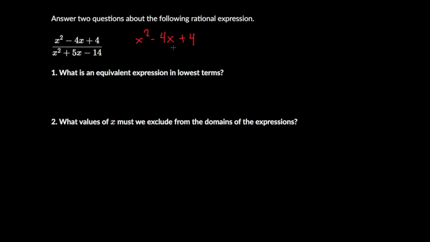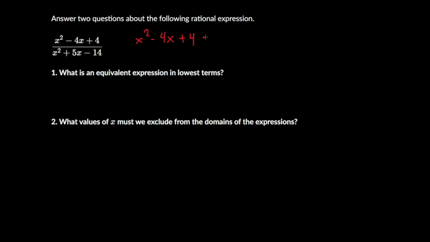I'm thinking 2 and 2. 2 plus 2 is 4, 2 times 2 is 4. That's great and all, but we have a negative 4. So what comes to mind is negative 2 and negative 2. Negative 2 times negative 2 is 4, and negative 2 plus negative 2 is negative 4.